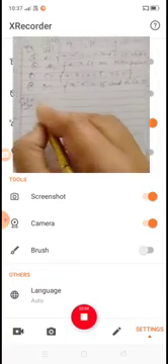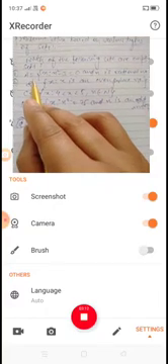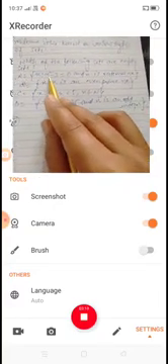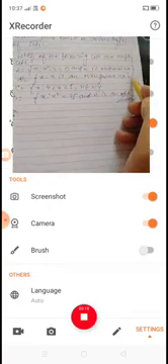Now take the first question. Here the given set is A, x such that x square minus 3 is equal to 0 and x is a rational number.